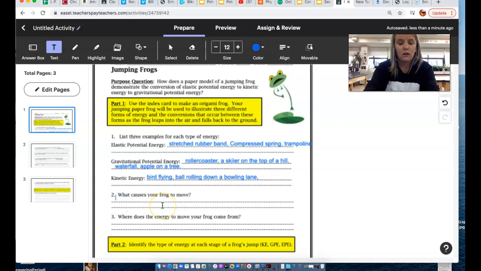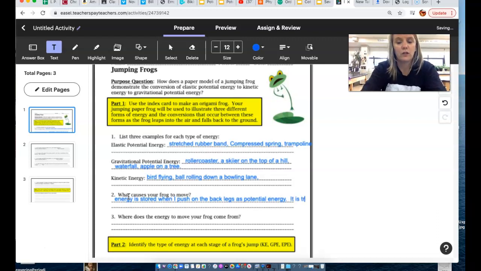Stored potential energy when I push down on the legs, we'll say energy is stored when I push on the back legs as potential energy.